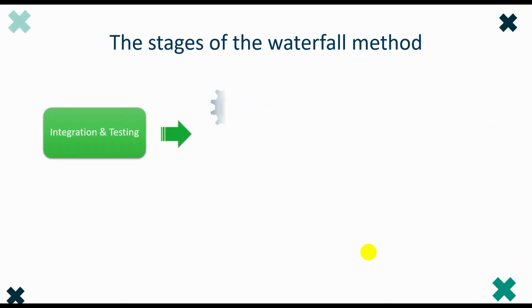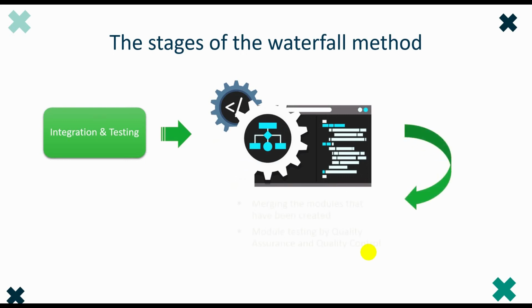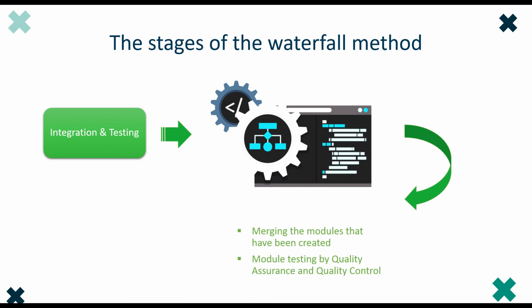Integration and testing. At this stage, the modules that have been created in the previous stage will be merged. After the system integration process has been completed, the next step is module testing, which aims to find out whether the software is in accordance with the design and whether the functionality of the application is running well or not.